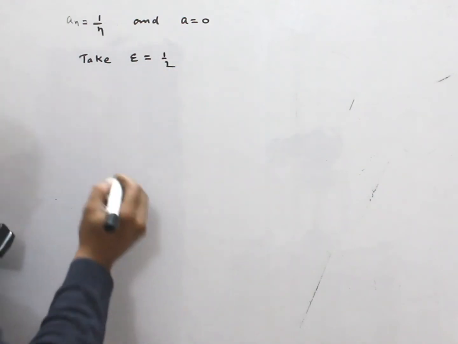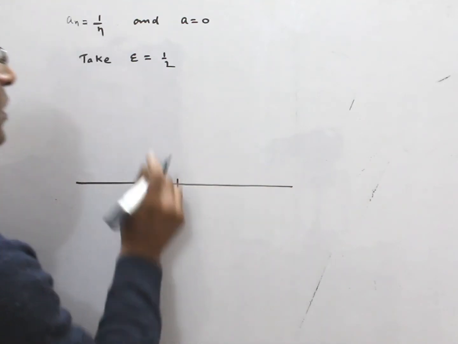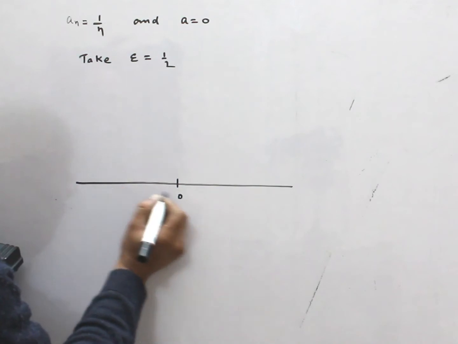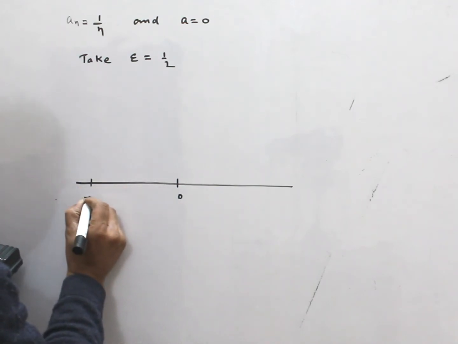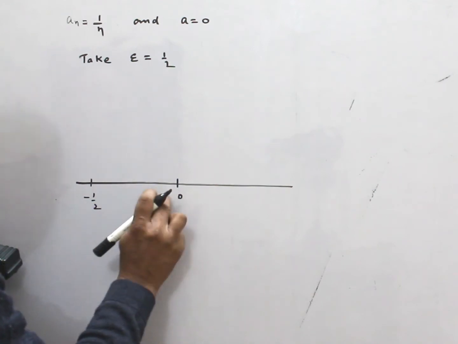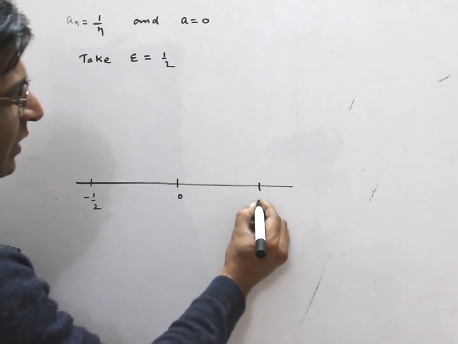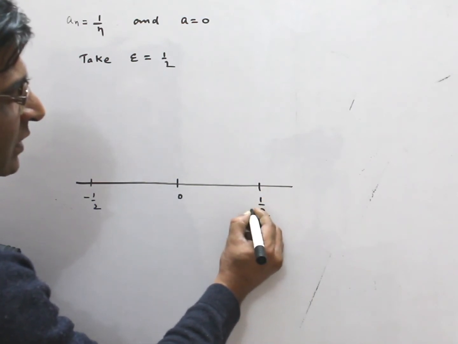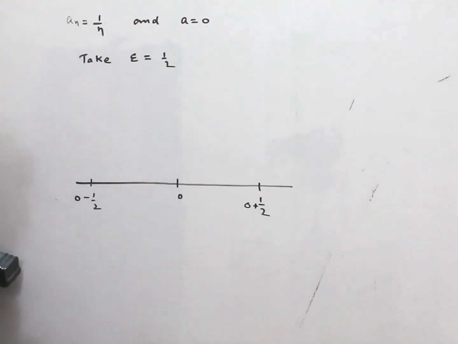Then the neighborhood of 0: epsilon is 1 by 2, so 0 minus 1 by 2 is minus 1 by 2, and 0 plus 1 by 2 is somewhere here. Actually this is 0 plus epsilon and this is 0 minus epsilon.